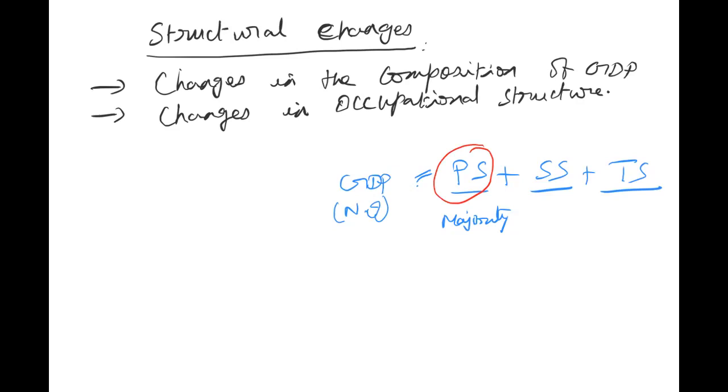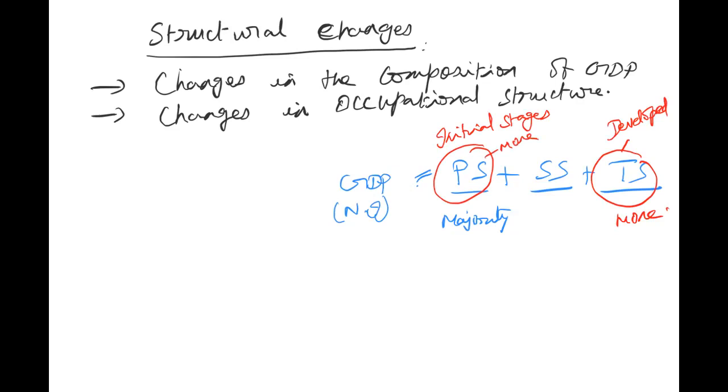Once the country is developed, in the advanced stages of development, then the contribution by the tertiary sector will be more. So in the initial stages, primary sector contribution will be more.